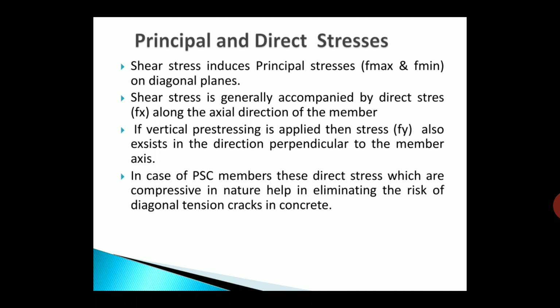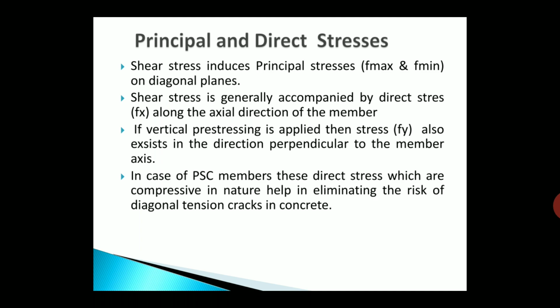Shear stress is generally accompanied by direct stress Fx along the axial direction of the member, and if the member is subjected to vertical pre-stressing, we also get the direct stress Fy, which acts perpendicular to the member axis.